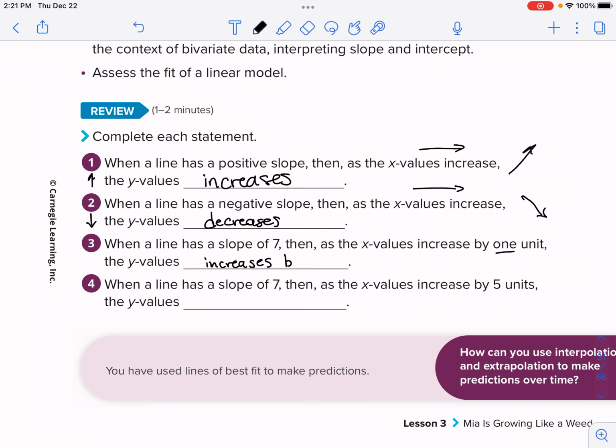It increases by 7 units. And then number 4, when a line has a slope of 7, then as the x values increase by 5 units, the y values also increase by, you multiply 5 times 7, which is 35 units. All right, to maintain that same ratio, we're going to move on to getting started.